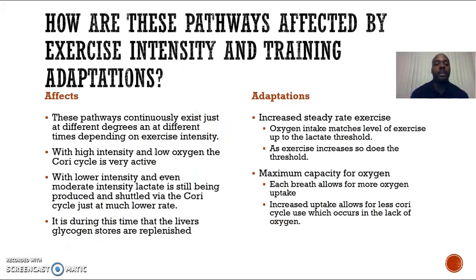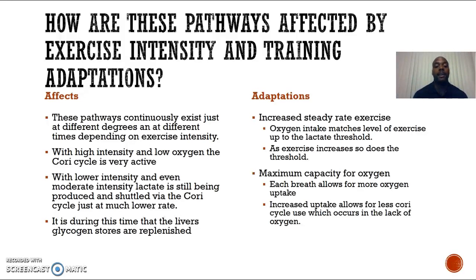The second question is, how are these pathways affected by exercise intensity and training adaptations? These pathways continuously exist, just at different degrees at different times, depending on exercise intensity. They even happen at rest.